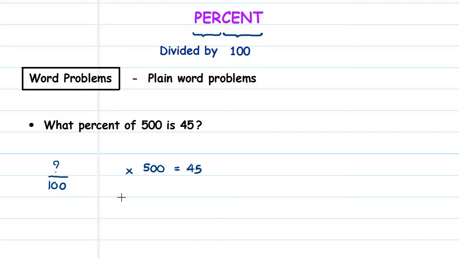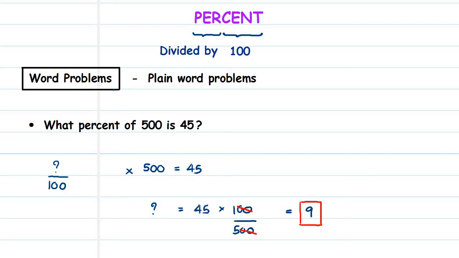And the question mark is what they're looking for, which is going to be equal to 45 times 100 divided by 500. We can simplify this by crossing out the zeros. So we'll be left with 45 divided by 5, which is 9. And this is the answer. 9% of 500 is 45.